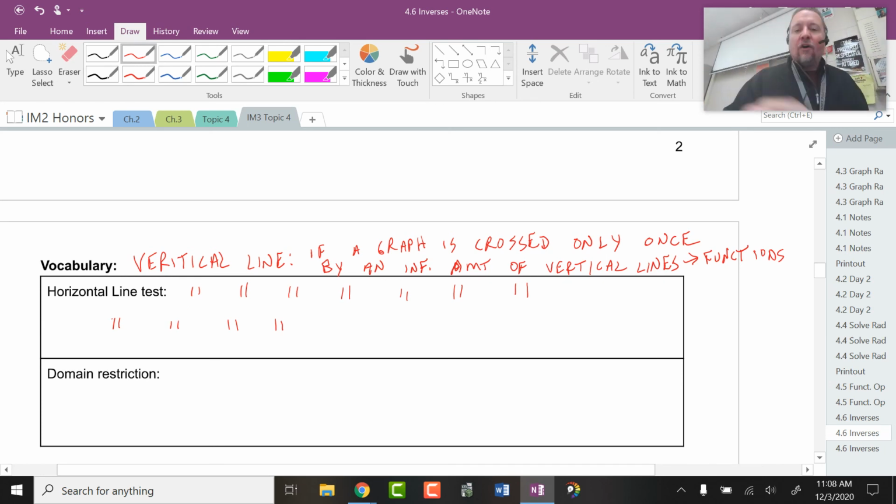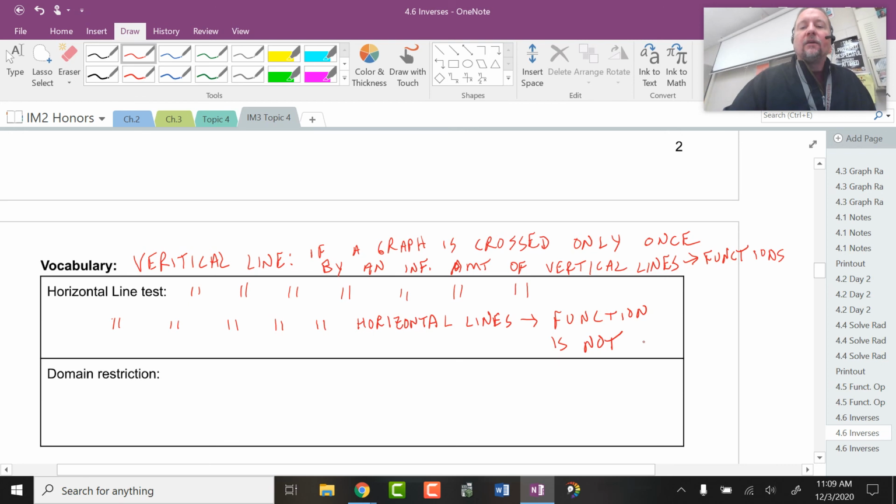Sometimes definitions almost have all the same words except one. Horizontal lines. Then the function, it's still a function, is not 1-to-1.